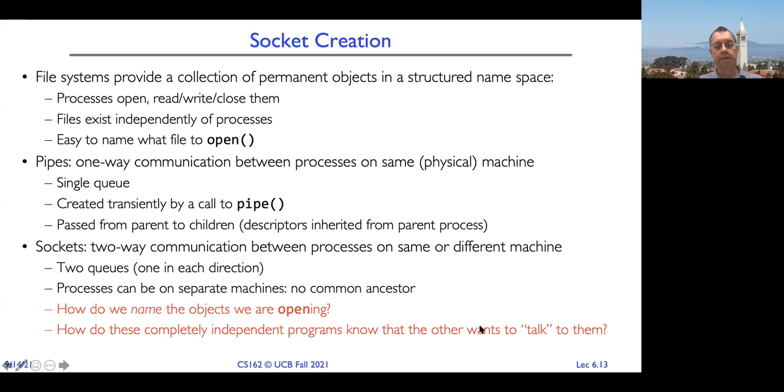And the processes are separate, on different machines, so they cannot communicate otherwise. So how can they agree, or how do I know which other process I need to communicate with, right? That's the crux of the problem. It's naming. Okay. So how do two independent programs know how to talk with each other?